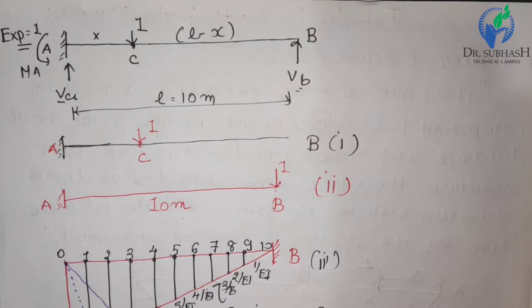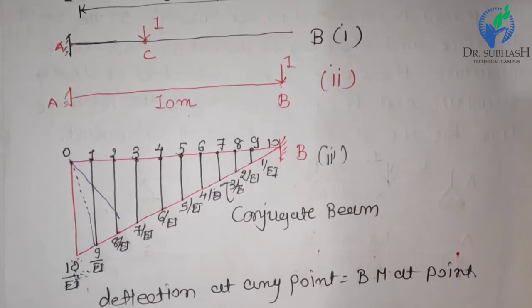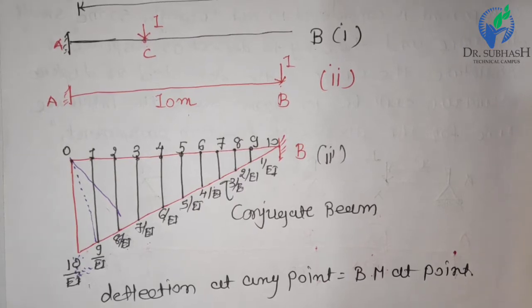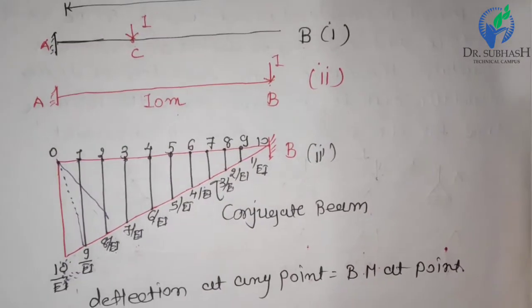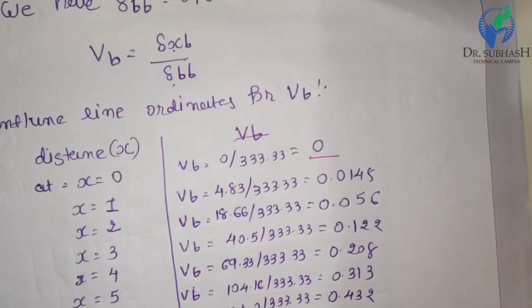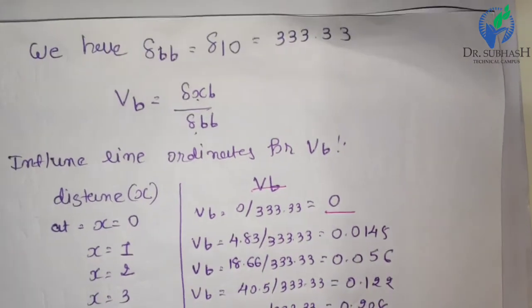At B we make it fixed, and at A it is free. Based on this conjugate beam, we know that deflection at any point is equal to the bending moment at that point. By the same principle we can find delta 0 to delta 10 using area into CG. Then we have delta 10 10, which is nothing but delta BB.